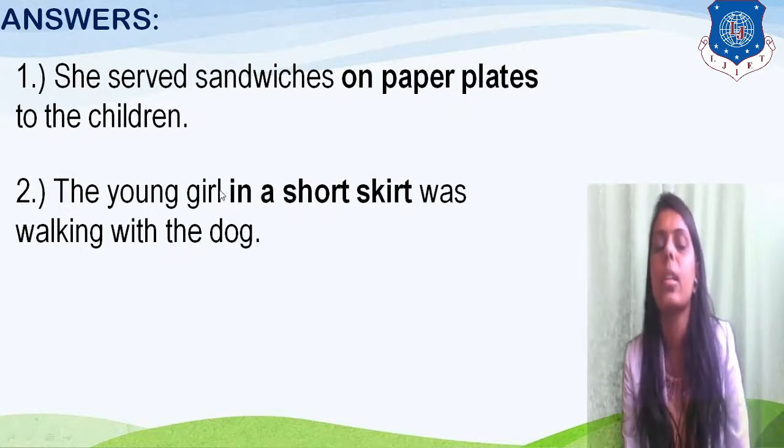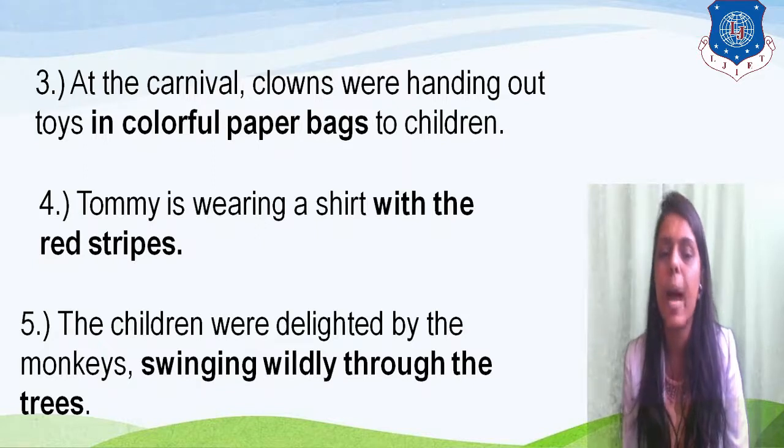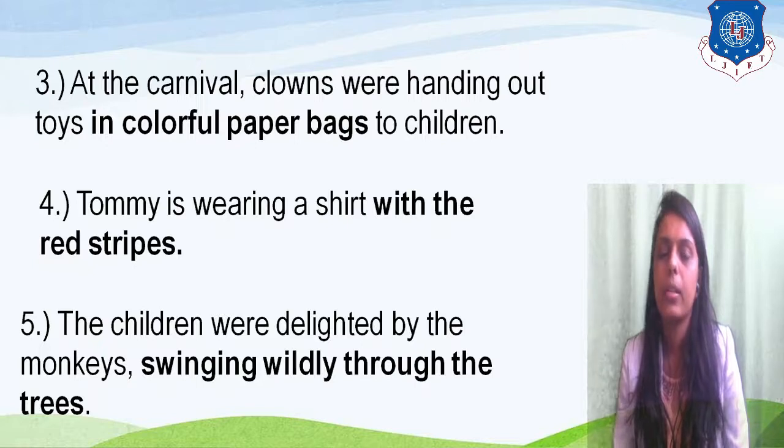The short skirt does not belong with the dog. As we are talking about the young girl, the modifier should be near the young girl. Third: At the carnival, clowns were handing out toys in colorful paper bags to children, right? So that's the change.